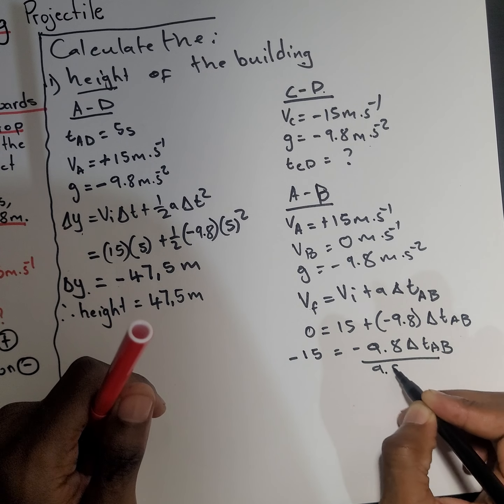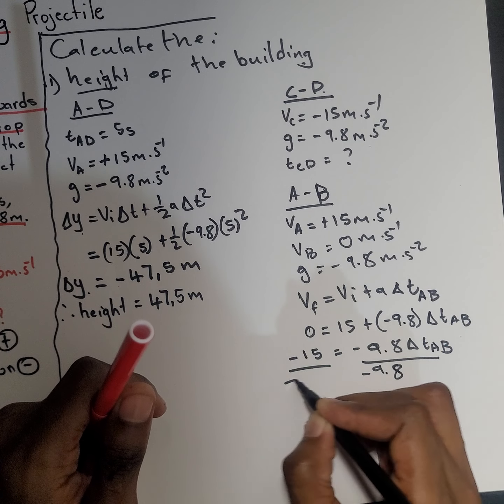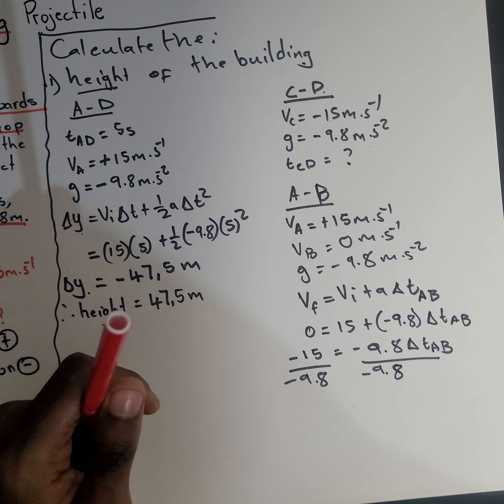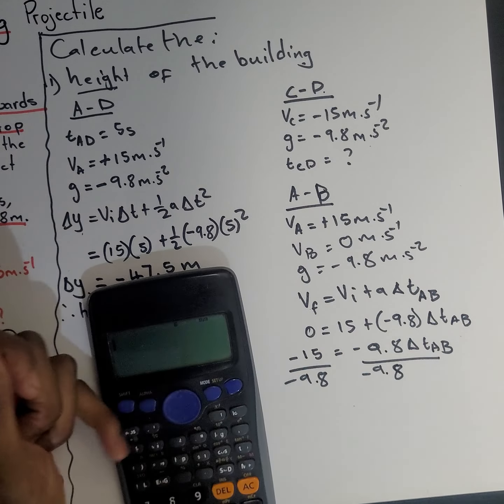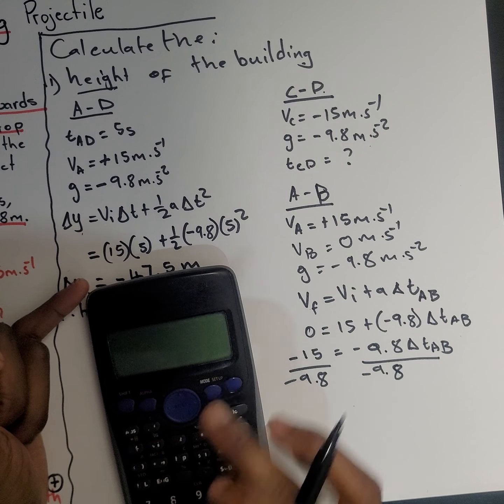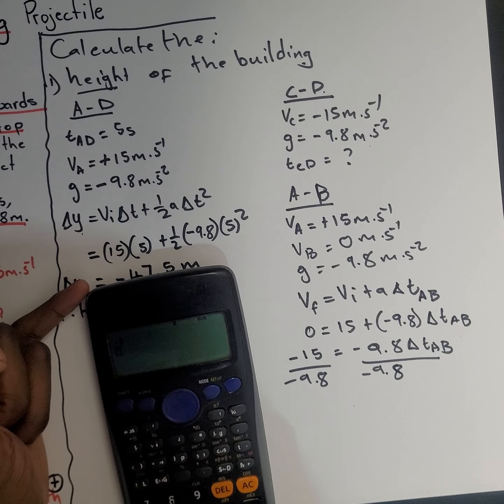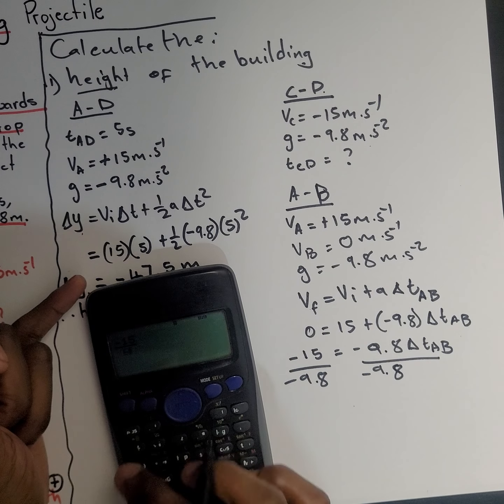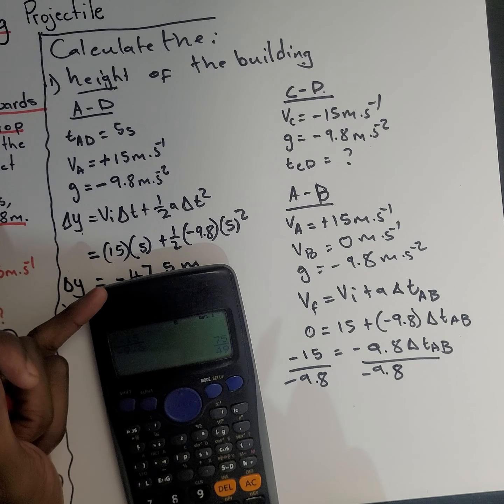So when I divide by negative 9.8 on both sides, I take my calculator and say negative 15 divided by negative 9.8.